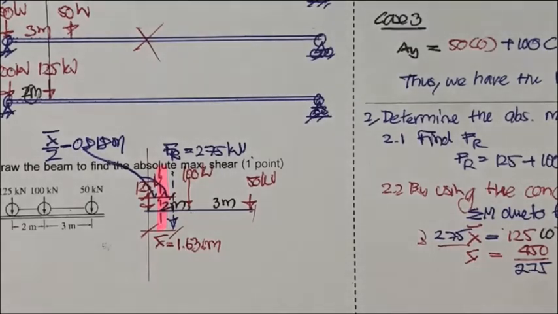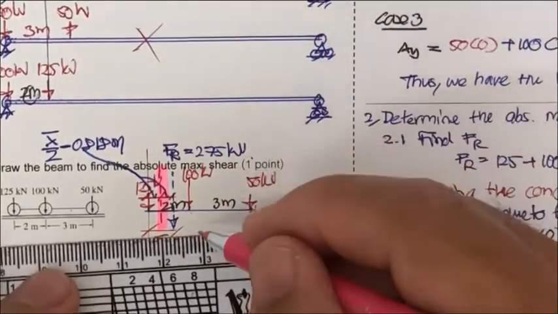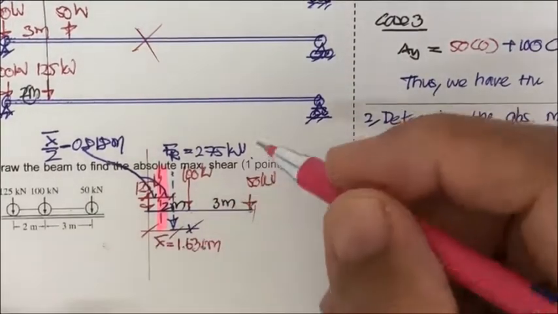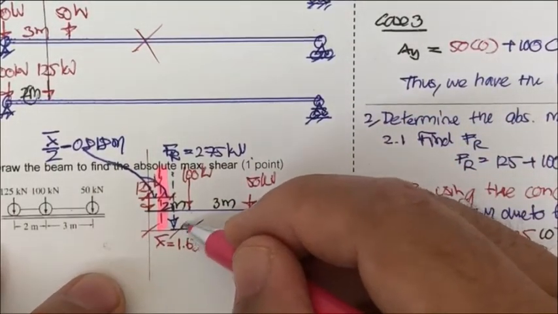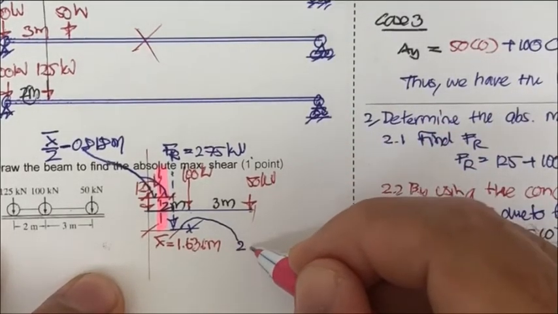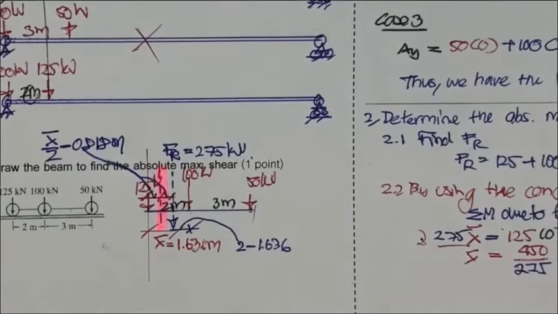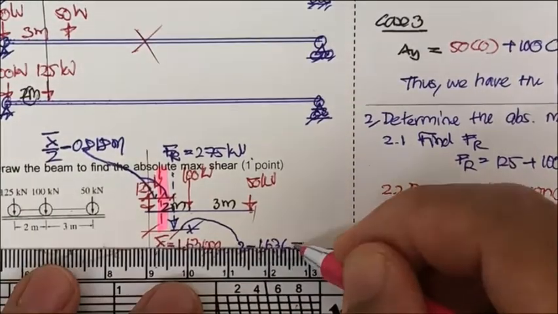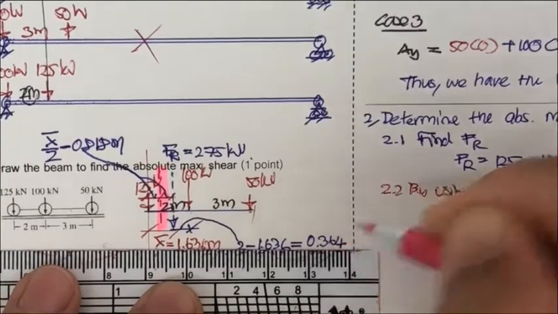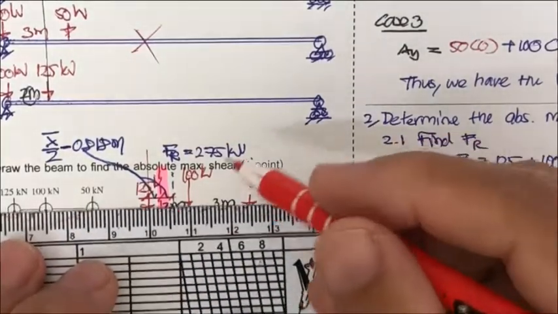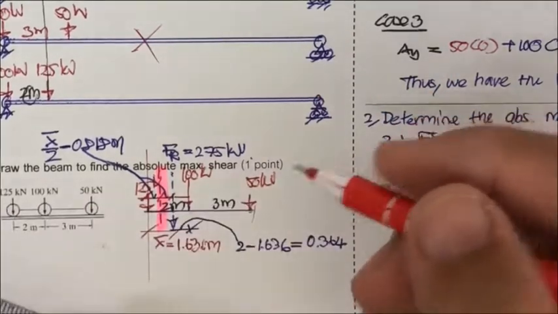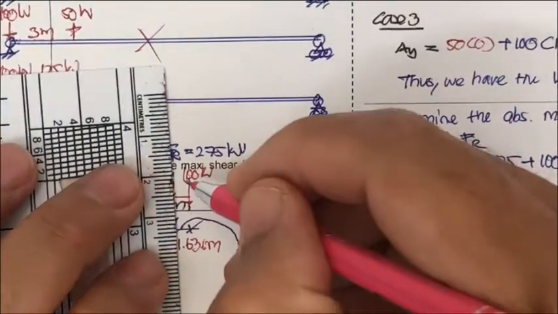Okay, and then if you subtract 1.636 from this 2 meter, you will get this distance: 2 minus 1.636 is going to be 0.364. And then you also need to divide this portion into half.